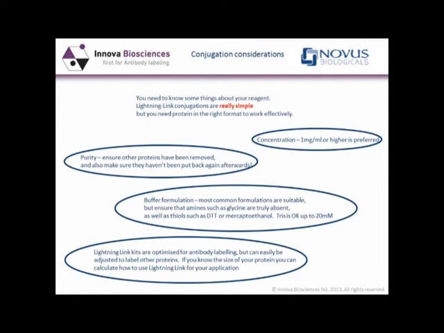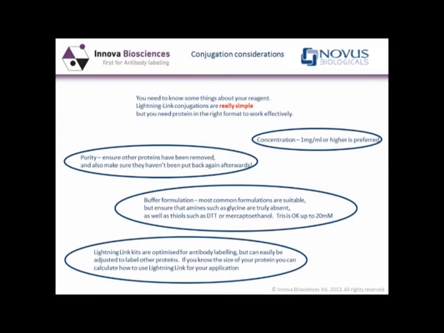You also need to make sure that your protein is pure. Make sure after purification certain proteins haven't been put back in again afterwards. In terms of antibodies, a number of antibody manufacturers will use proteins such as bovine serum albumin to stabilize antibodies after purification. In that case, that will interfere with the conjugation reaction and it is best removed.